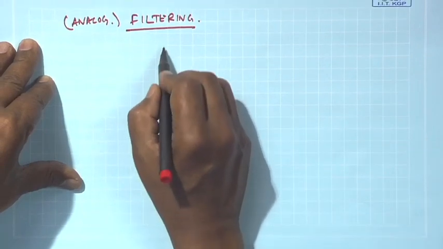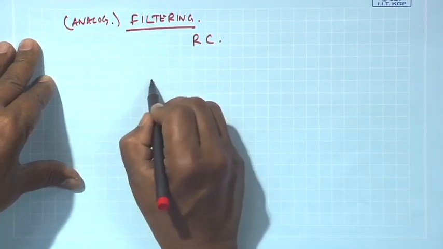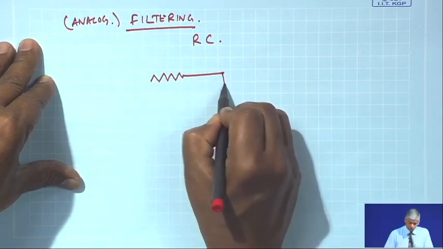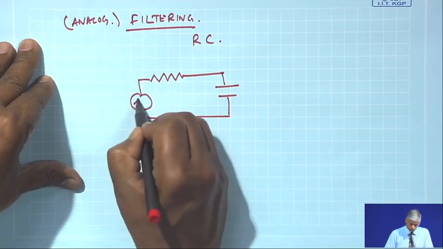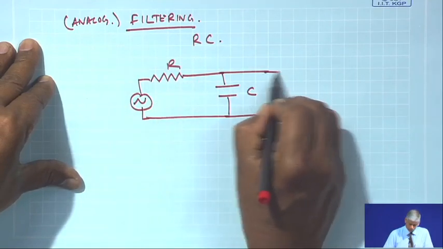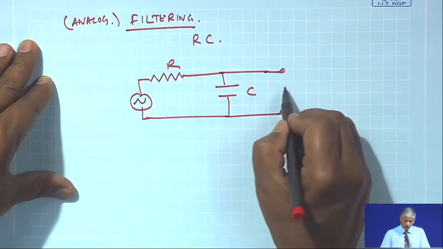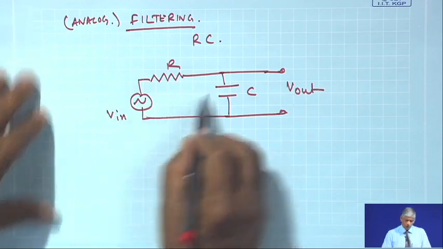So, with a combination of RC circuits, I can get some output depending on R and C.